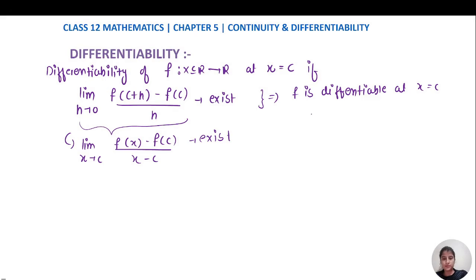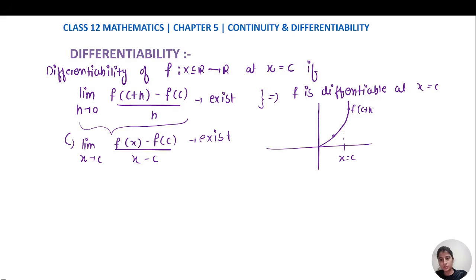I will explain it by a diagram. Say this is some function, and this is our x equals c. So this is some point, and we take this point and this point, which is f of c plus h.